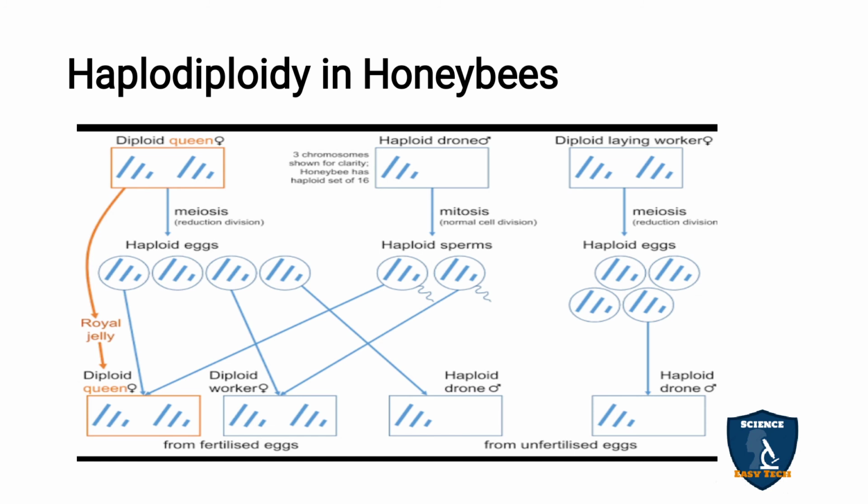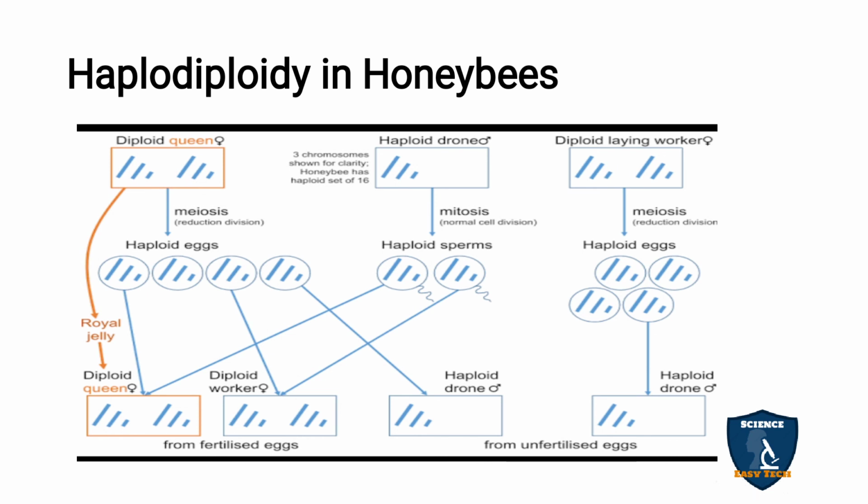The haploid eggs which combine with haploid sperms, hatched from the fertilized eggs, become the workers.